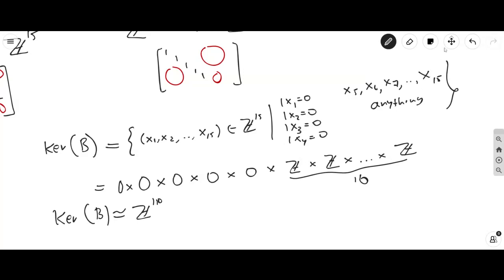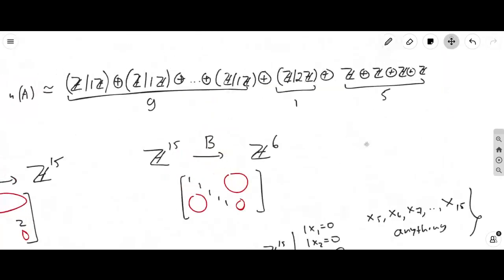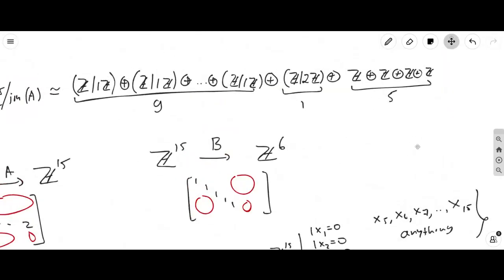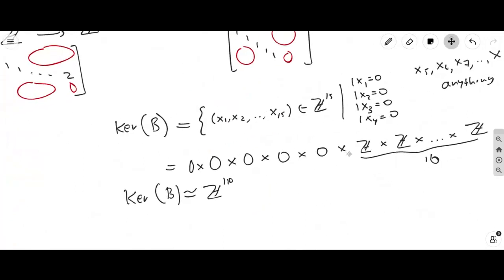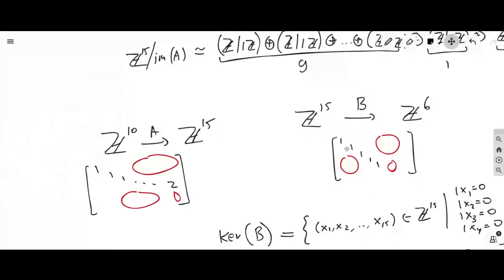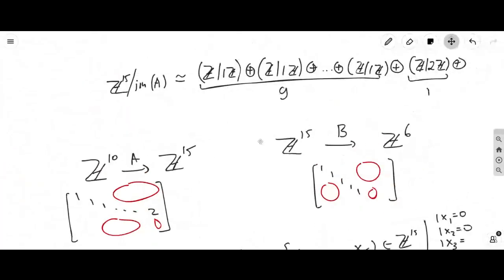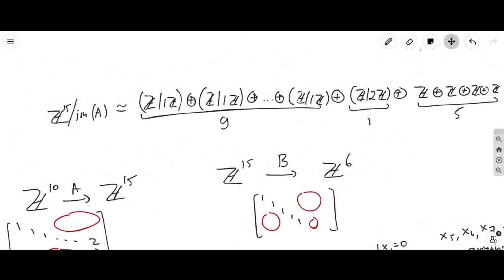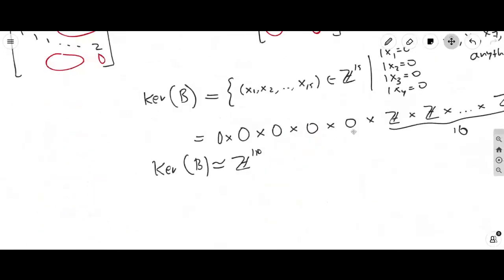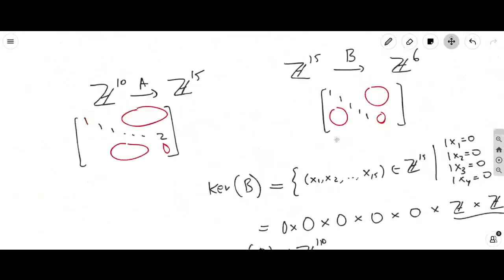The kernel would therefore be a 10-dimensional space. This is the way you would compute the quotient if you go all the way up to Z15, but the kernel is a 10-dimensional space.